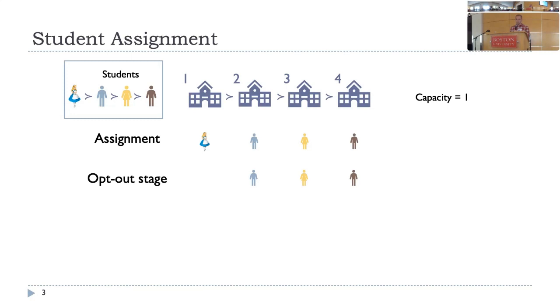And so, because you don't want to waste this seat at the most popular school, most likely you will want to move the student at the second school to the first school to fill in that vacant seat. Now, that will cause school 2 to have no student. So because you want to preserve efficiency, you would have to move the student who was assigned to school 3 to school 2.